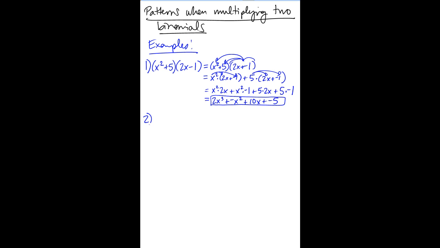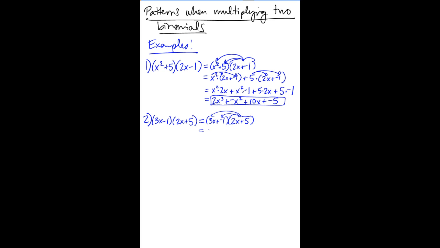Let's do another example. I've got 3x minus 1 times 2x plus 5. And again, I'm going to do this in a similar way. I'll go ahead and rewrite everything as addition. 3x plus negative 1 times 2x plus 5. And then I'll go ahead and distribute things. So let me go ahead and take this 2x plus 5 and distribute it to each piece.